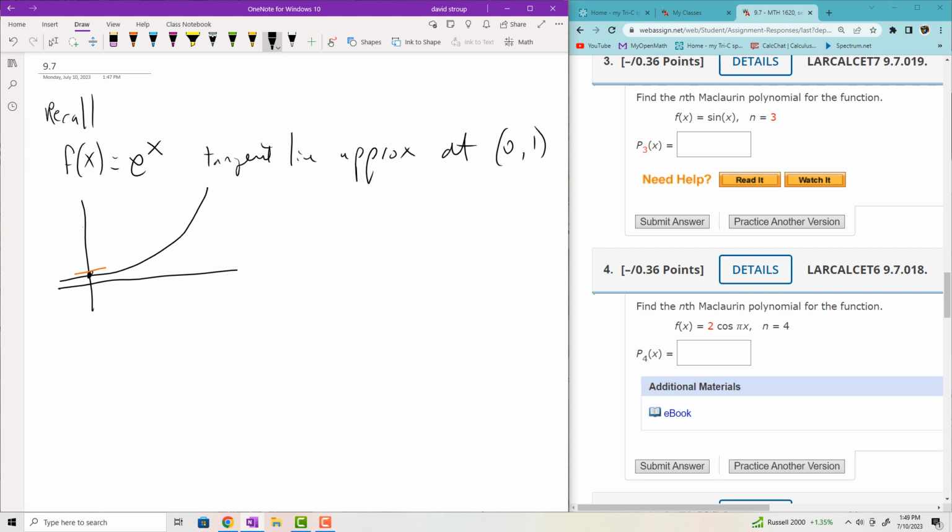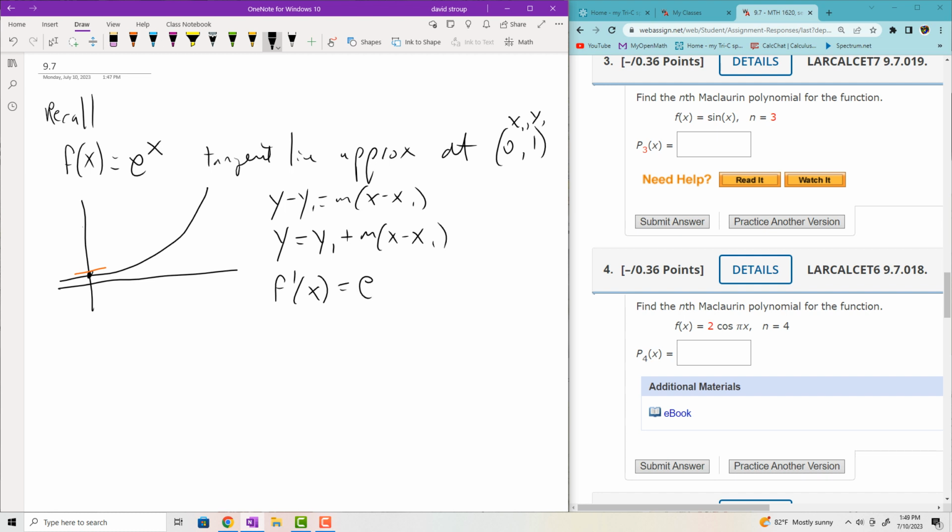So how do we get that? We're going to need the formula y minus y1 equals m times x minus x1. Let's rewrite it a little: y equals y1 plus m times x minus x1. We have a point, so (x1, y1) is sitting right here, and I can plug that into the equation. And we need a slope. How do I get the slope? You take the first derivative, which gives you the slope of the tangent line.